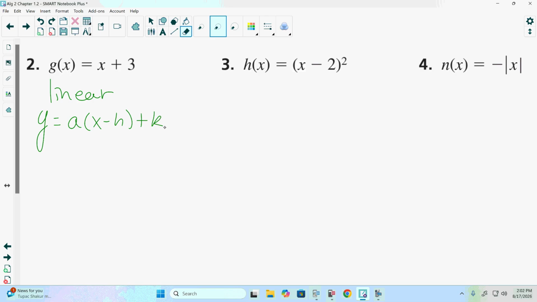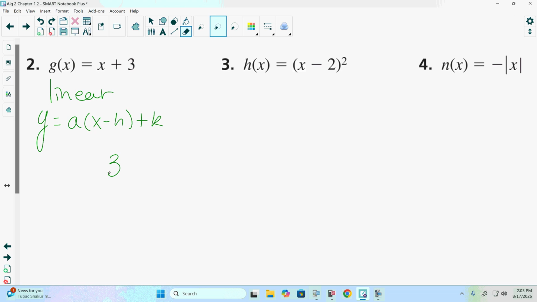Do we have something in place of A? Is A negative? No, so do we have a reflection? No. Do we have something in place of H? Nope, we don't have parentheses. We need parentheses for H. How about K?